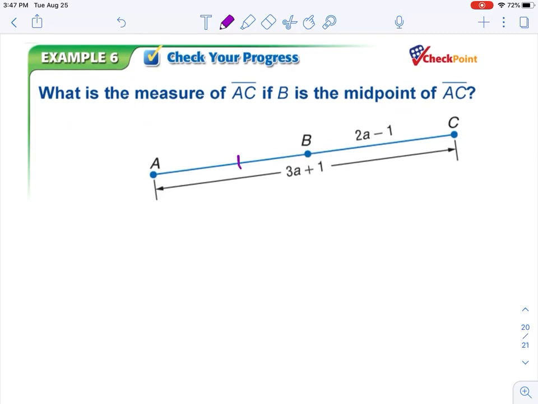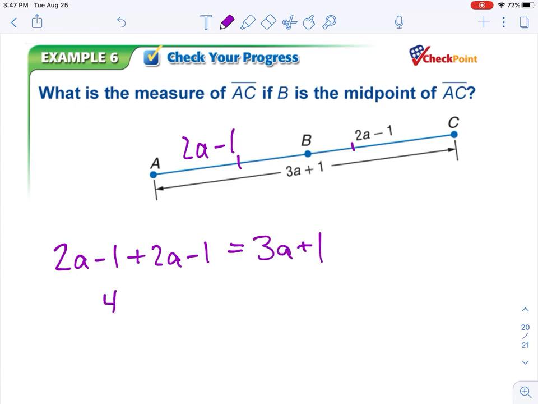This last one is similar. Once again, AB and BC are congruent. So you go ahead and set up an equation. You add left segment plus right segment equals whole segment. Combine like terms.